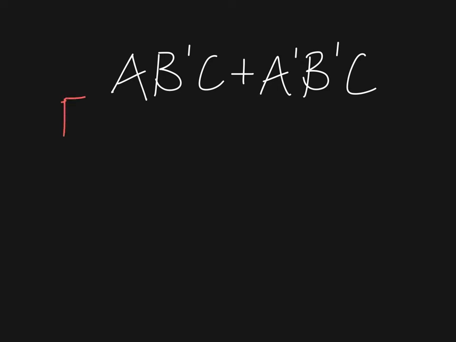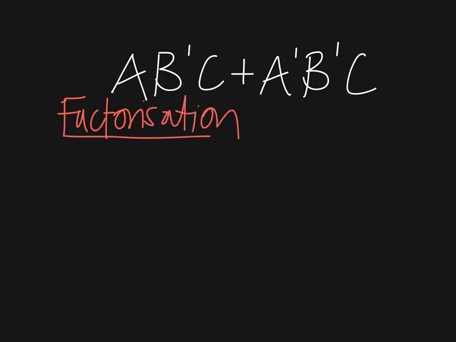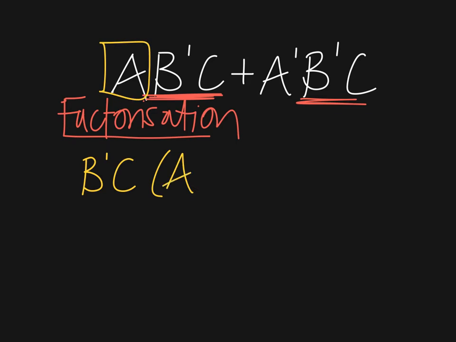And factorization is often a very simple procedure. So we arrive at the SOP form, but we try to factorize it. We factorize it because we see that and that is common to both. So we get not B, C. Over here we have A plus, and here we have not A. Okay, so that's interesting.